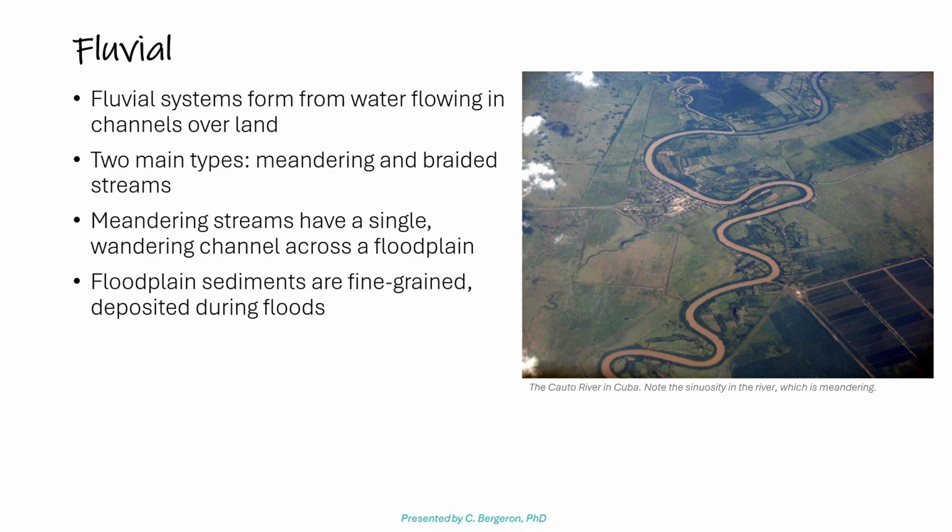They generally come in two main types. You have a meandering river or a braided river. In a meandering river or a meandering stream, the flow carries sediment grains through a single channel that meanders, basically wanders back and forth.